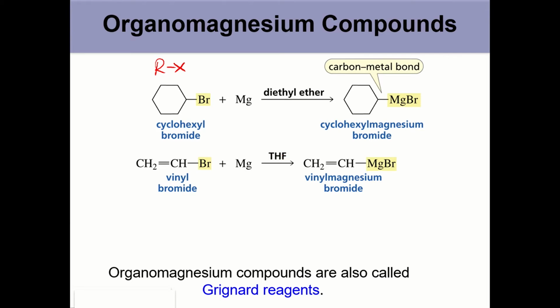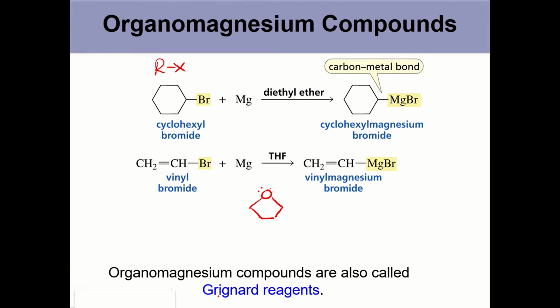THF is what we call tetrahydrofuran, which has oxygen and this 5-membered ring. So the purpose of diethyl ether and THF is as a solvent. Under this condition, we can generate this organomagnesium compound, which we commonly call a Grignard reagent.